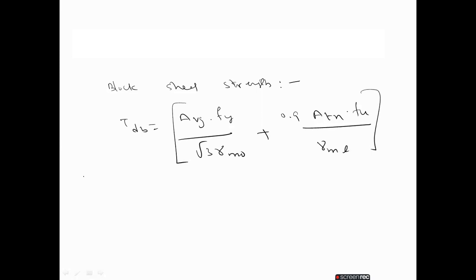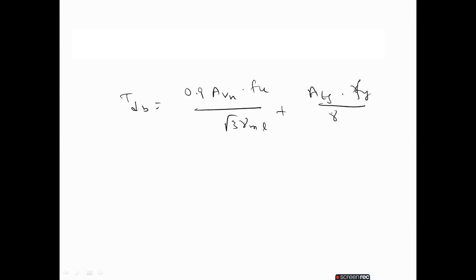If you observe here, Avg we have to calculate, and also Atn. And we have two formulas, same like that. One more formula is Tdb = 0.9·Avn·fu/(√3·γm1) + Atg·fy/γm0.